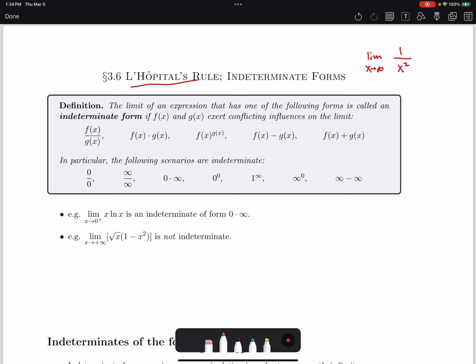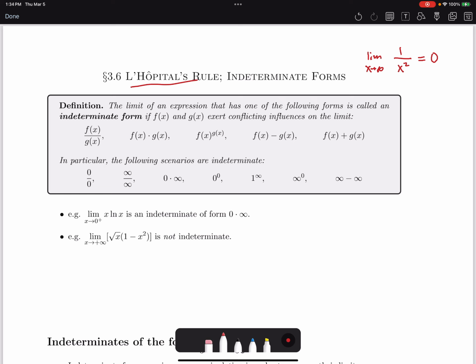We know that as x gets large, x squared is going to get large. Meanwhile, the numerator 1 just remains fixed. And so you have something like 1 over a really huge number, and 1 over a really huge number is a really small number. So as x tends towards infinity, 1 over x squared is going to tend towards 0. So there's nothing indeterminate about that, okay?